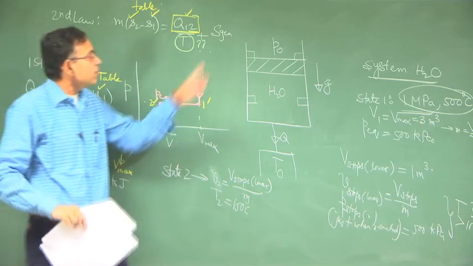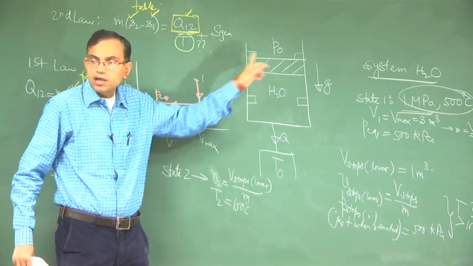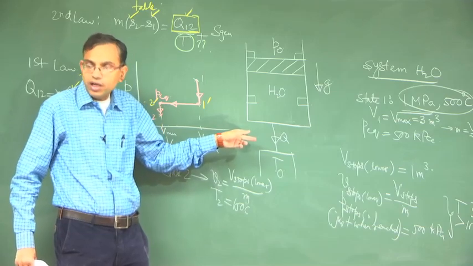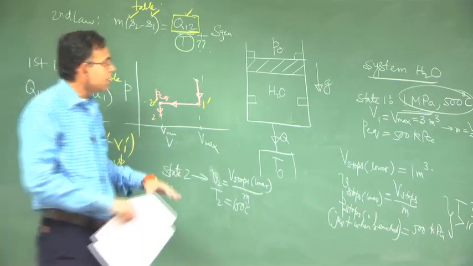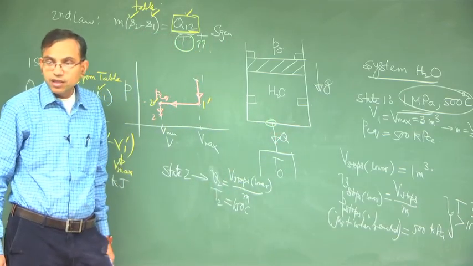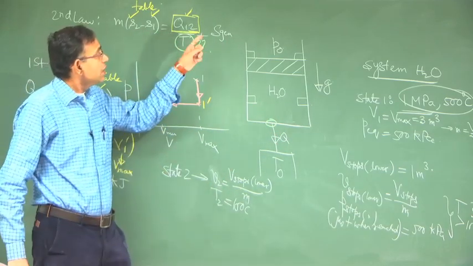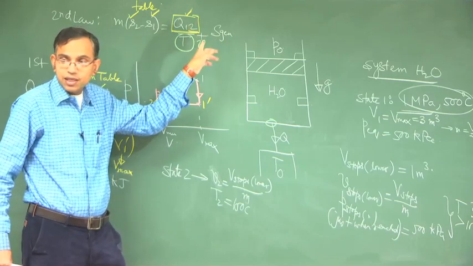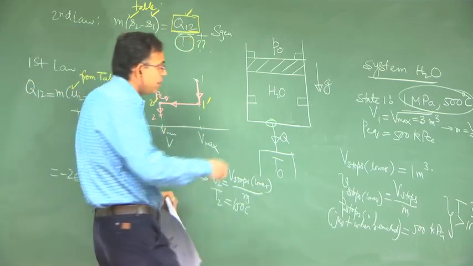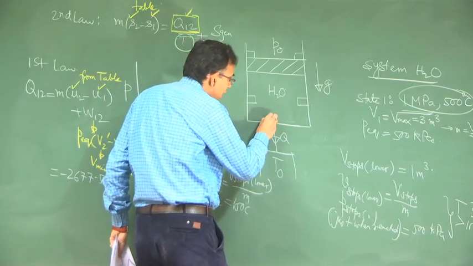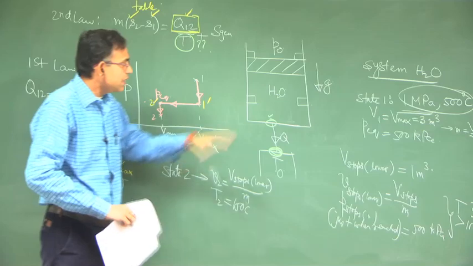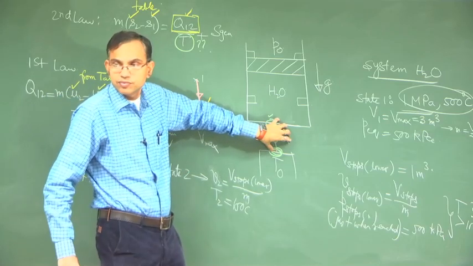You want to find out entropy generation only due to internal irreversibility. If you want to find out entropy generation only due to internal irreversibility, that T is the temperature at the system boundary. If you want to find out net entropy generation in the system and surrounding together as a universe, then your system boundary shifts from here to here, because then that includes this heat transfer also.